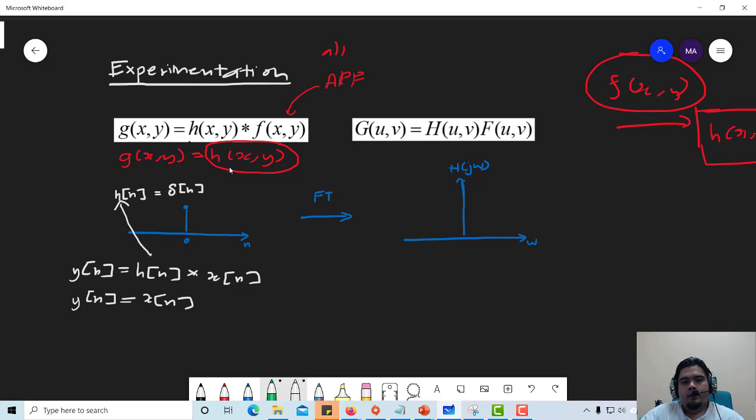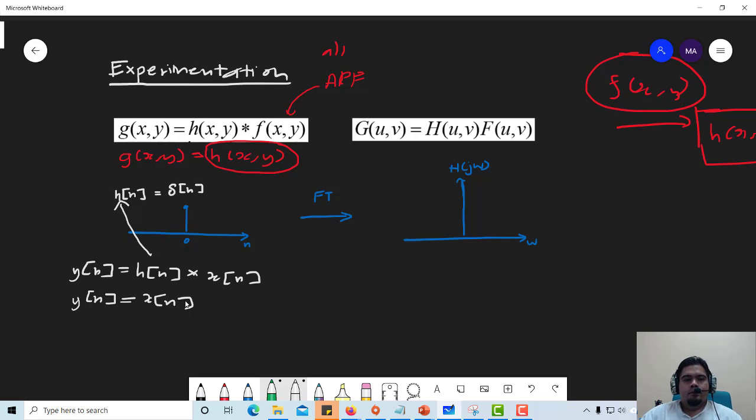That's why if you talk about the all pass filter in the time domain, this is how it looks. It is only one impulse at n equal to 0, so if you convolve with anything, we get back this x[n].